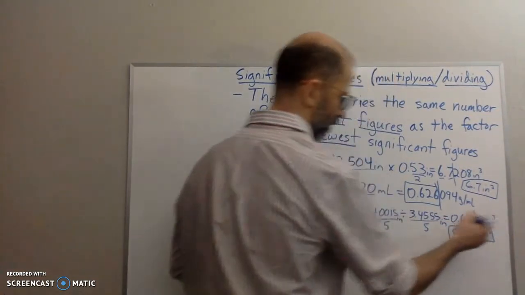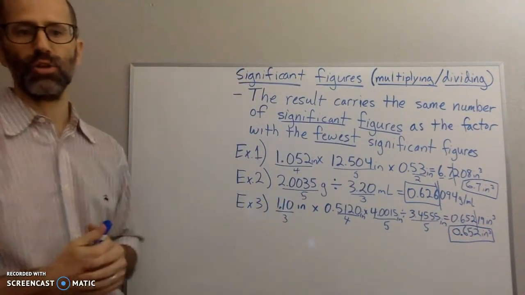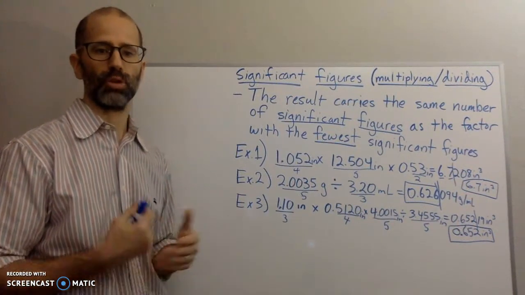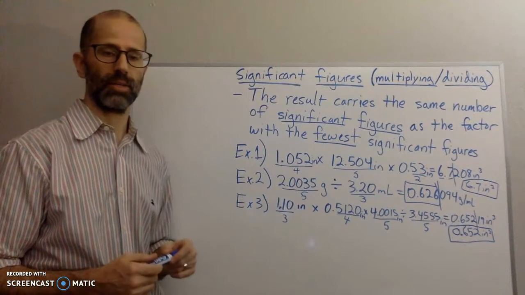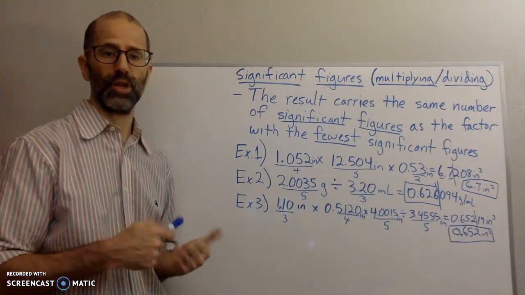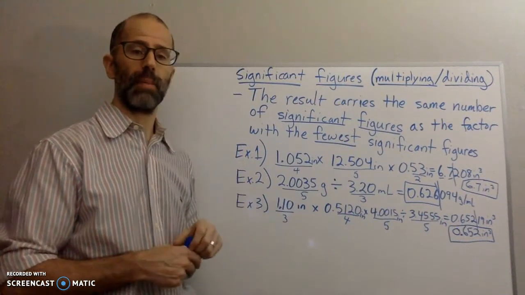So that would be the answer I would report. And so that's how you apply the rule of multiplying and dividing to figure out how many digits you're allowed to keep.